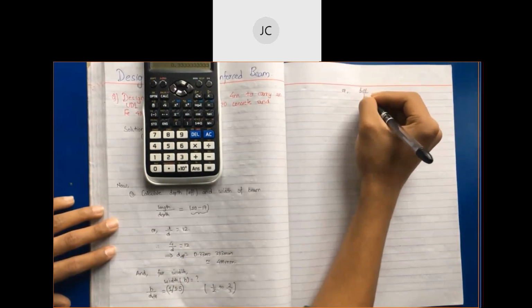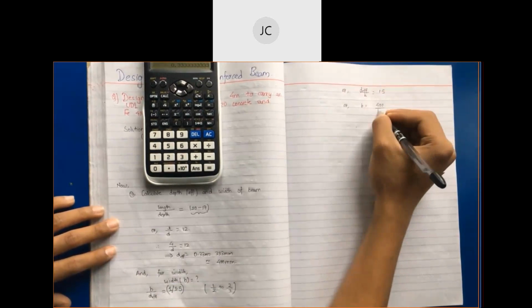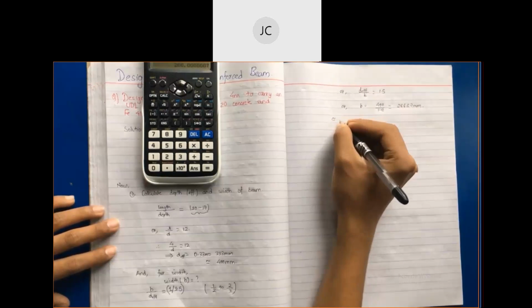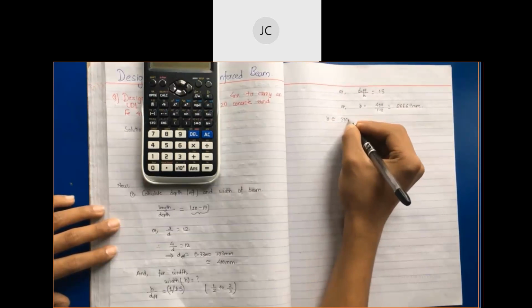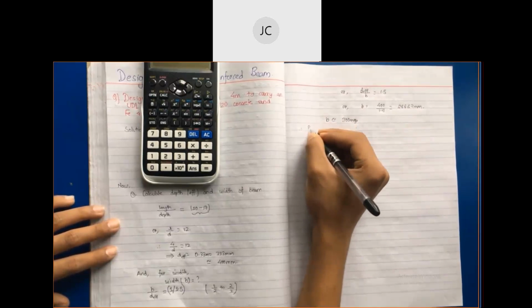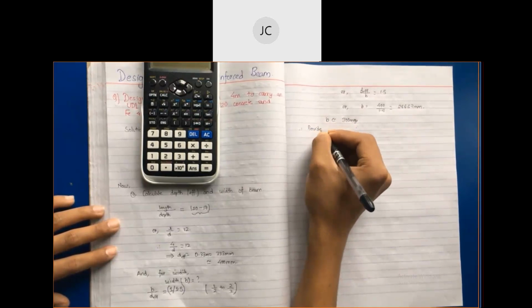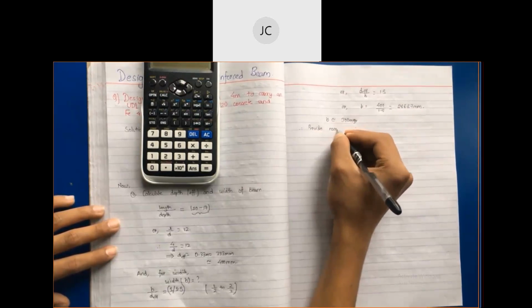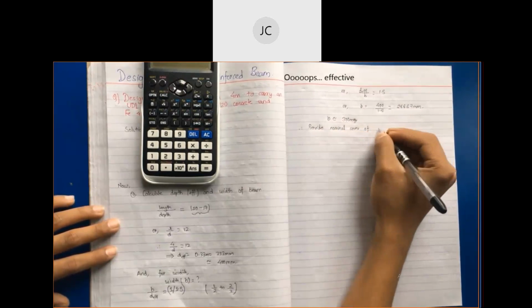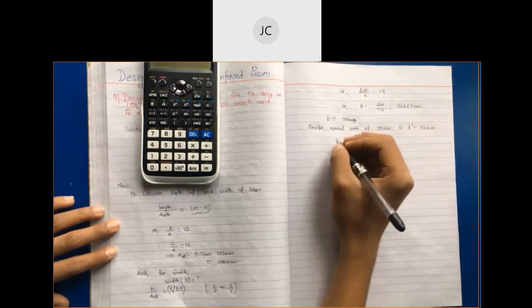So L is given as 4 meter. If you assume L by D ratio is equal to 12, you can find out the effective depth, which they have got as 333, but they have approximately assumed 400 millimeter to make the calculation easy. You can assume this effective D as 350 millimeter also.